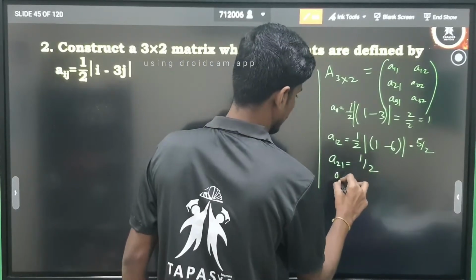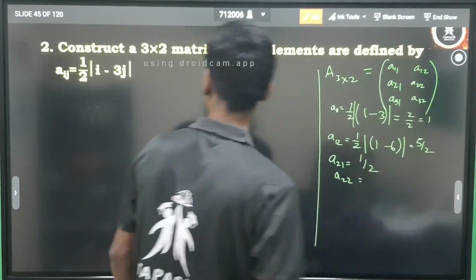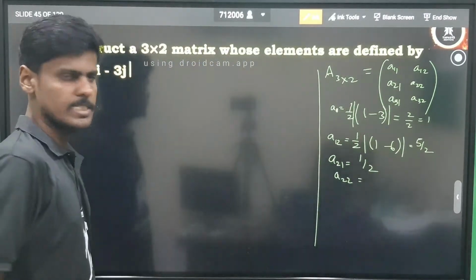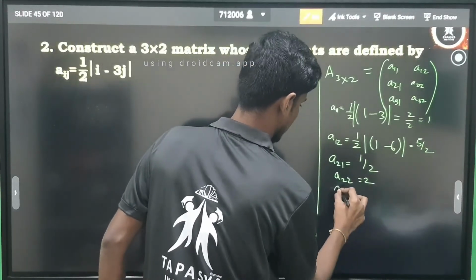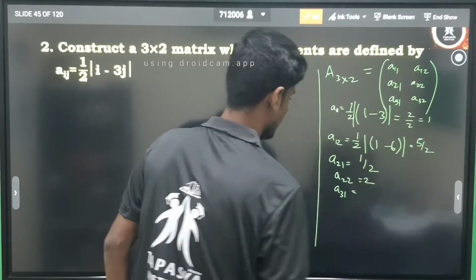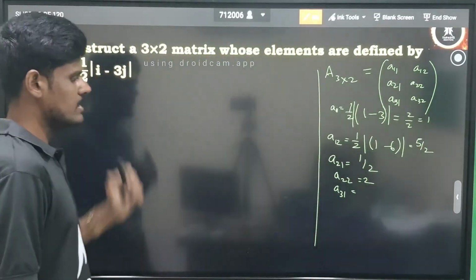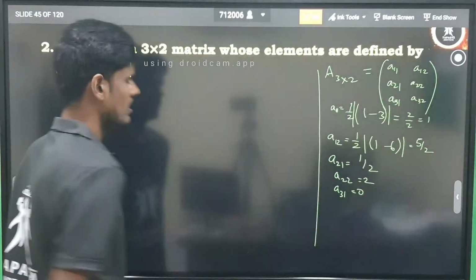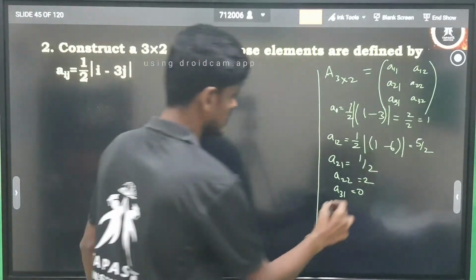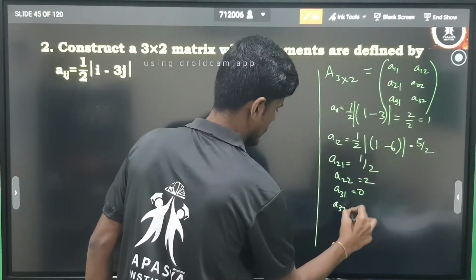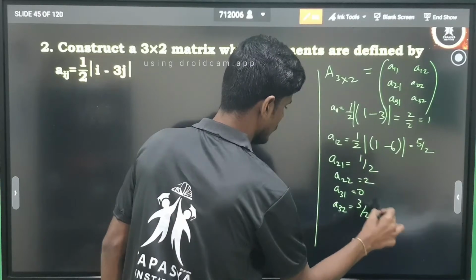Next a22: 2 minus 6, that is 4 by 2, which is 2. Here a31: 3 minus 3 becomes 0. Next a32: 3 minus 6, which is again 3 by 2.